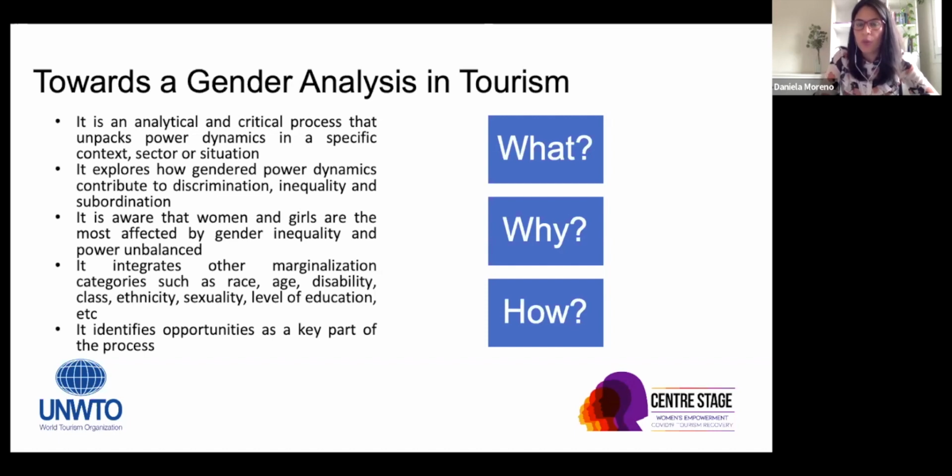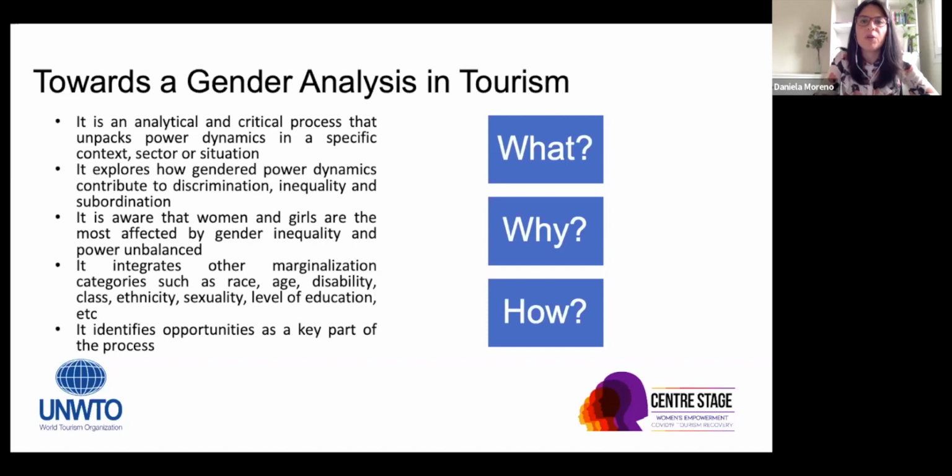I mean, I know that you have a very good knowledge of the tourist framework to identify or to analyze, for example, sustainable tourism, tourism and economic development. Now we have to face, for example, blue economy, circular economy. All these kinds of frameworks are going to be improved when we include gender equality.